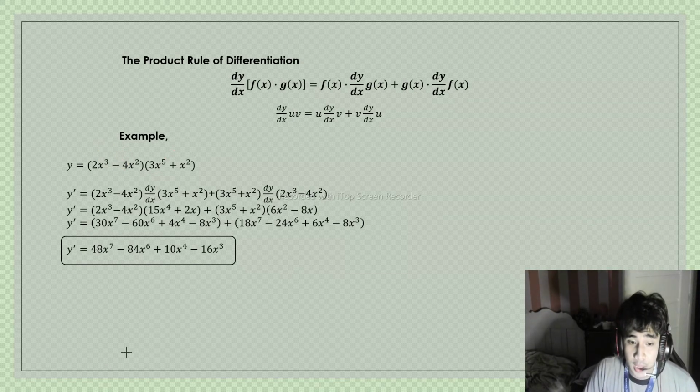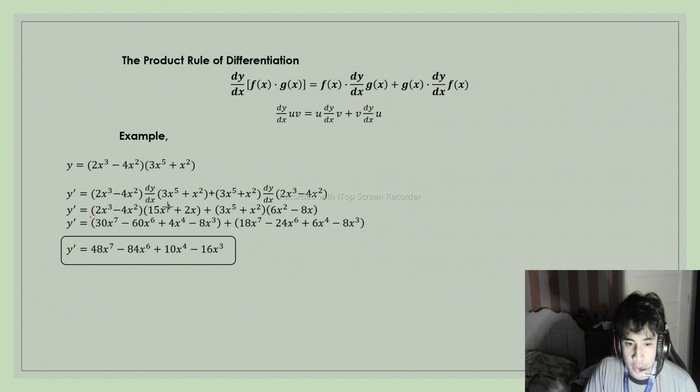Tapos, derivative na natin para ma-simplify na natin. Ang derivative ng 3x raised to 5 plus x squared ay 15x raised to 4 plus 2x. Tapos, ang derivative naman ng 2x cubed minus 4x squared ay 6x squared minus 8x. So, simplify natin.